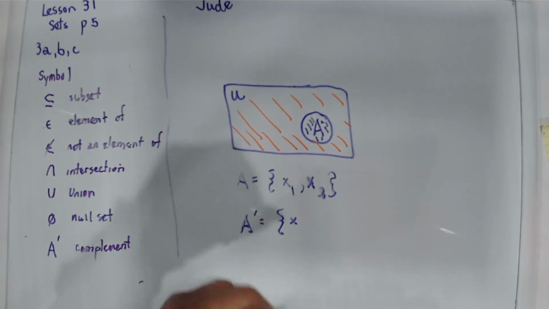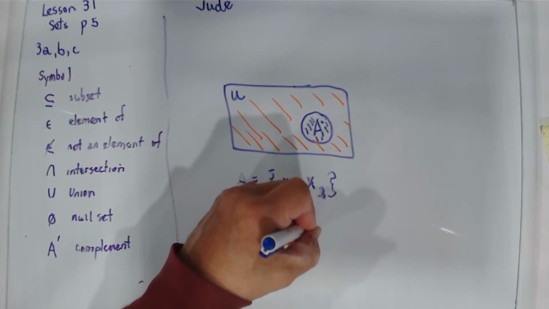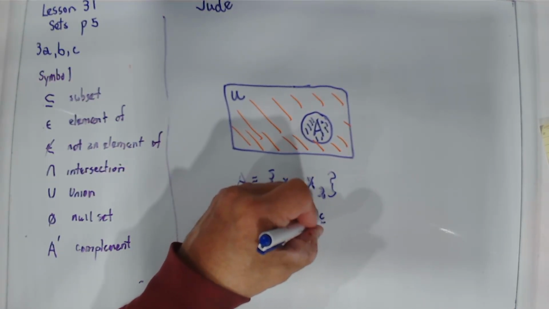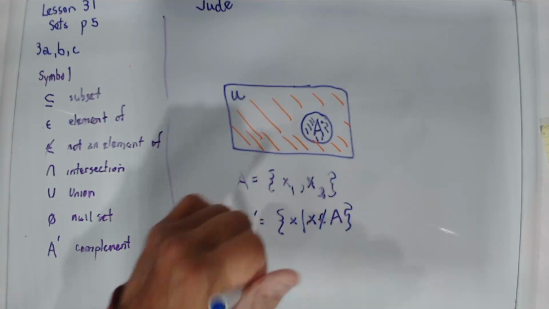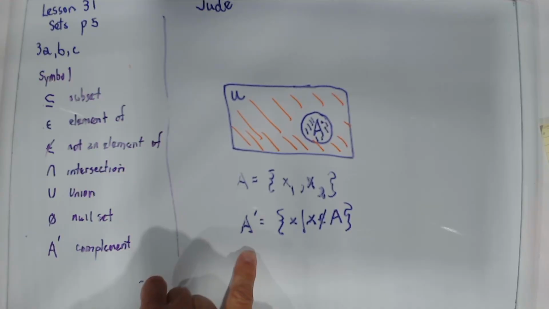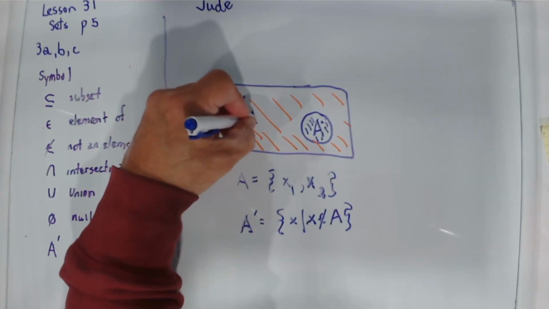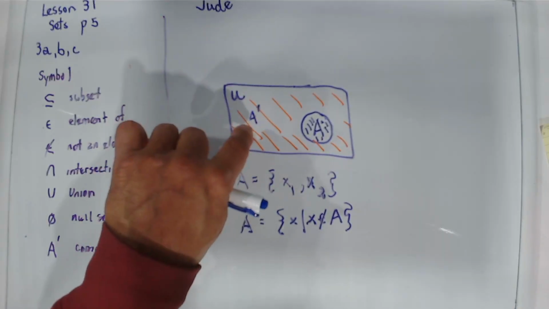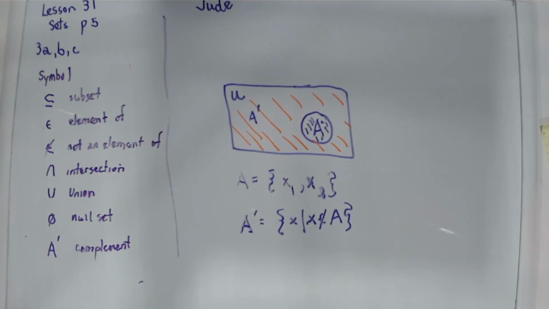And where x is not an element of A. That's what A prime is, and that's what A prime is over here. All this is A prime. Everything in with the orange lines in it. So that's what these definitions mean.